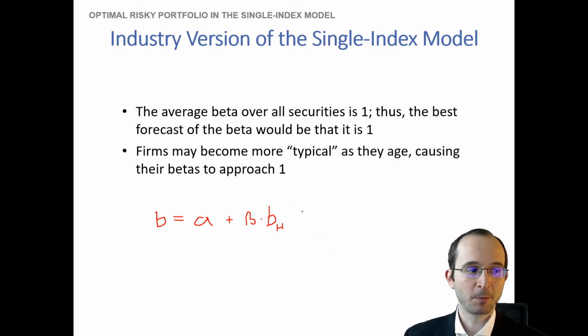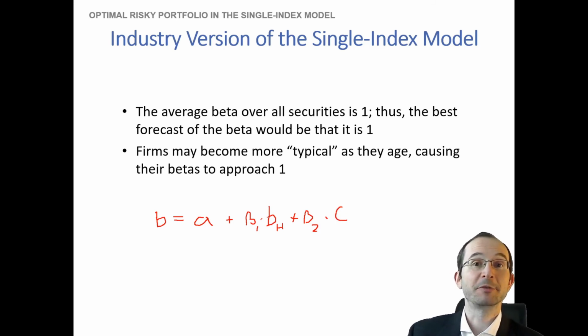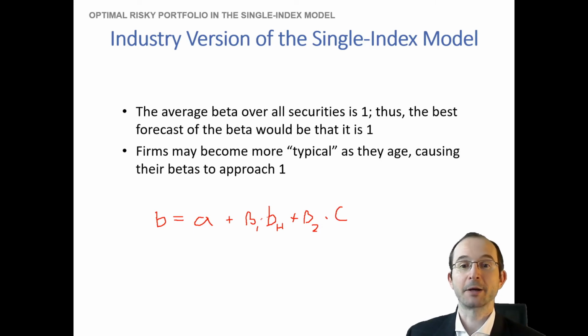And indeed, what practitioners have done is add some controls. You can have a coefficient on your historical beta, but then also another coefficient, we'll call it beta 2, on some firm characteristic. And in fact, you can use multiple firm characteristics that may matter.